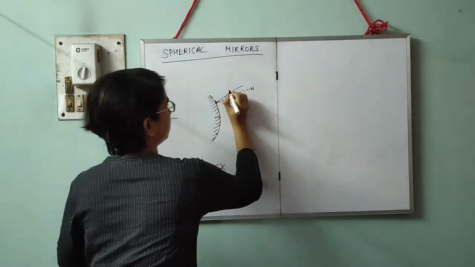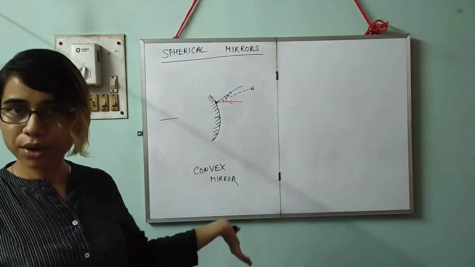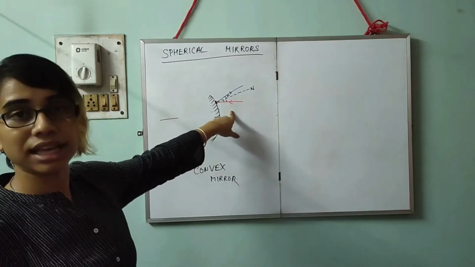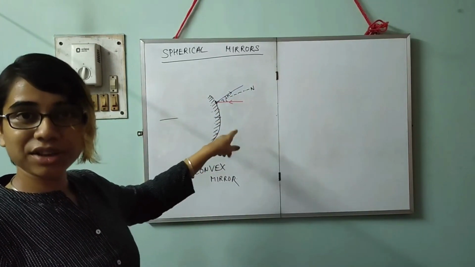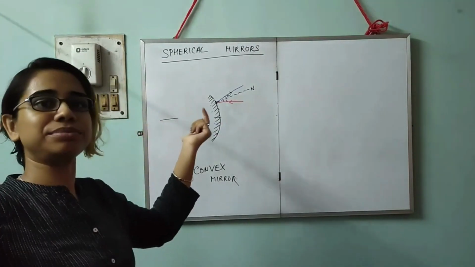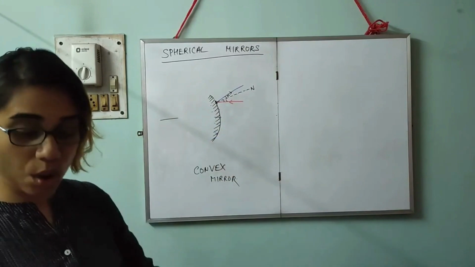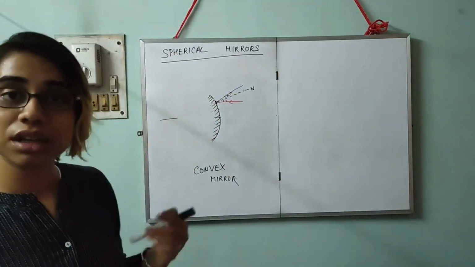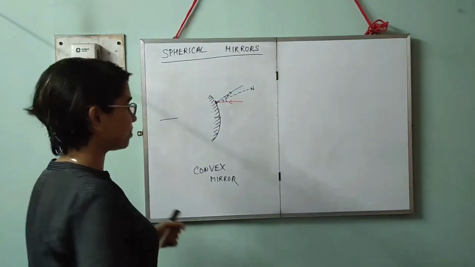I'm sorry, I had it wrong. That is why you can see that on a convex mirror, the reflected rays will always diverge away from each other. And in a concave mirror, due to the same reason, because of these normals I can draw on the spherical mirror, the reflected rays are convergent.